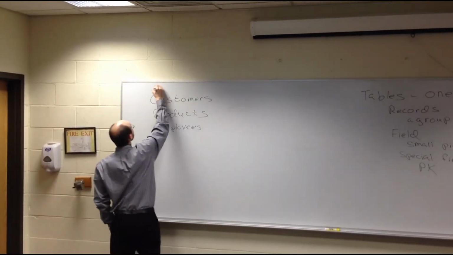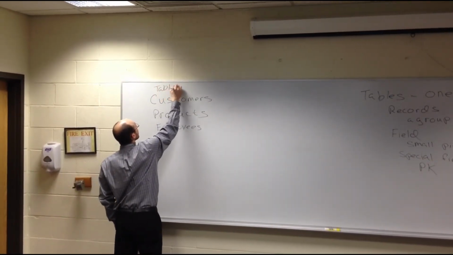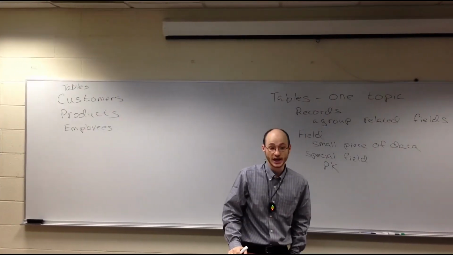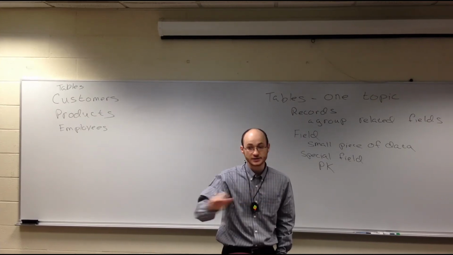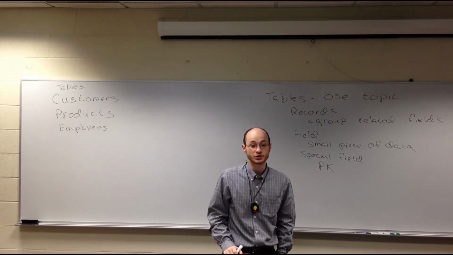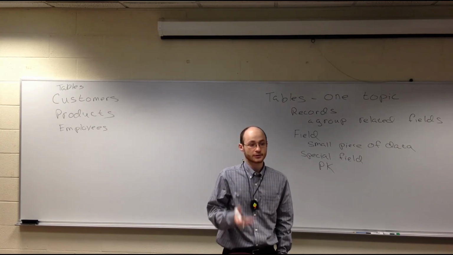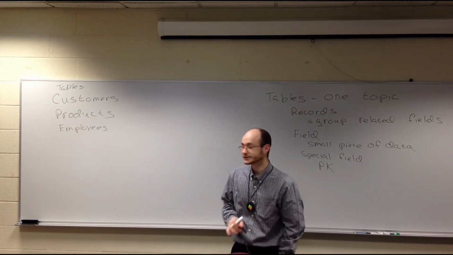Use a sentence and tie these three tables together. Can you do that? Can you guys write out a nice sentence to explain the relationship between these three tables? Give me one. Employees sell products.